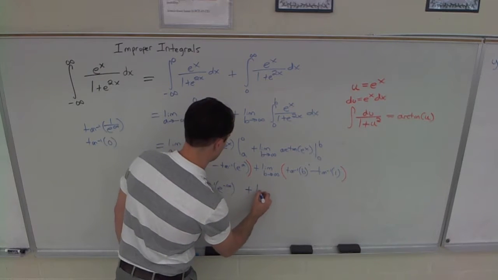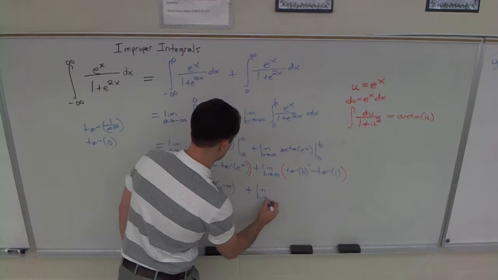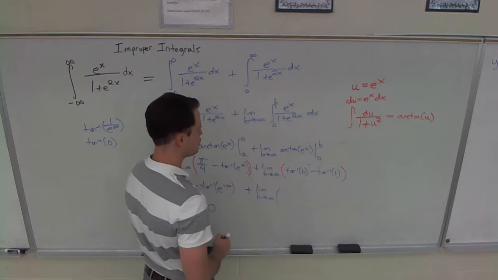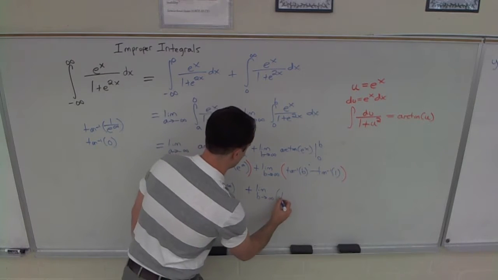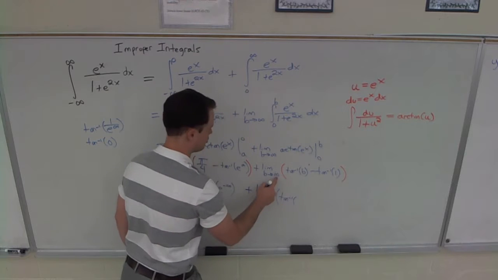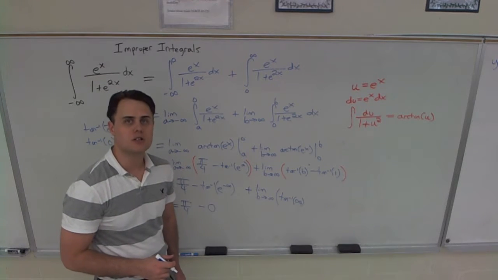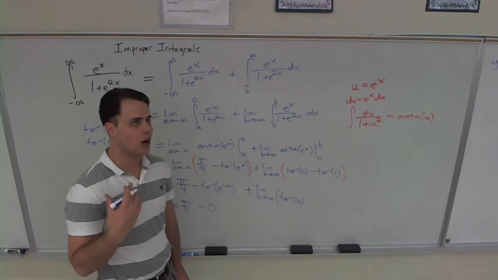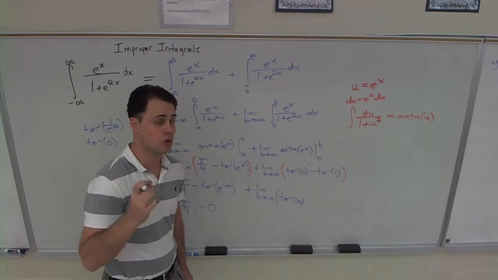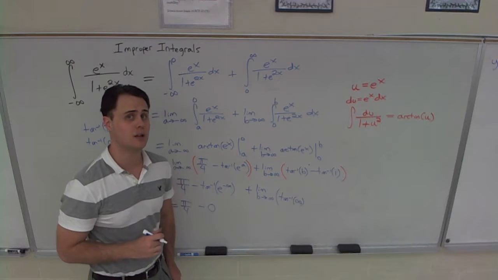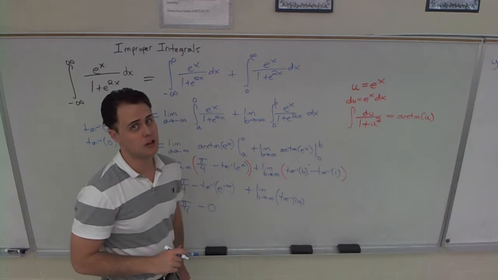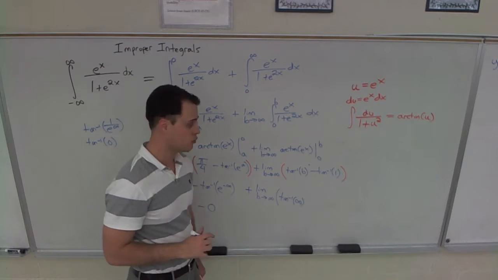Then over here we have plus the limit as b approaches infinity. The inverse tangent of b, let's just plug that in again. The inverse tangent of, we're approaching infinity this time. And that goes back to the picture we were just talking about a second ago. As you approach infinity on the graph of inverse tangent, which I know is one that you're not super familiar with likely, you go to that asymptote value of positive pi over 2.